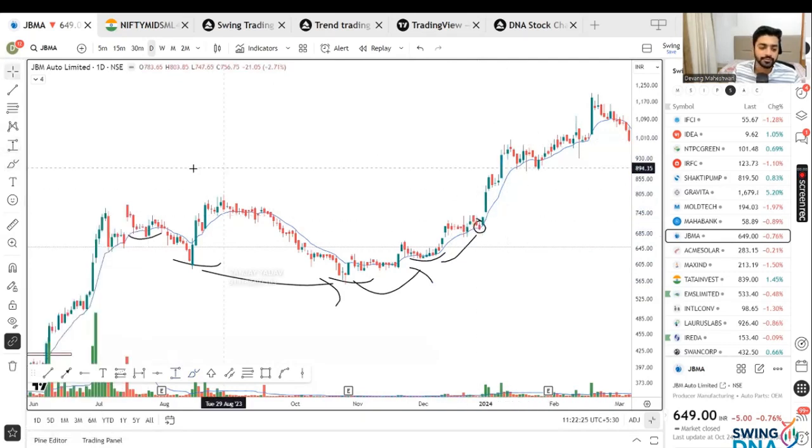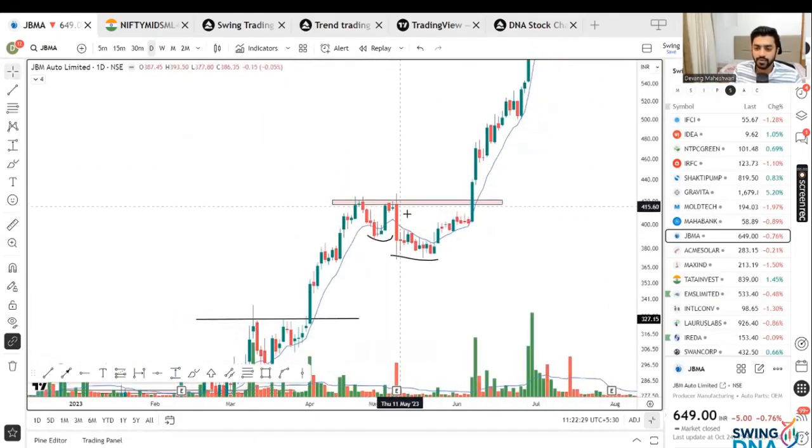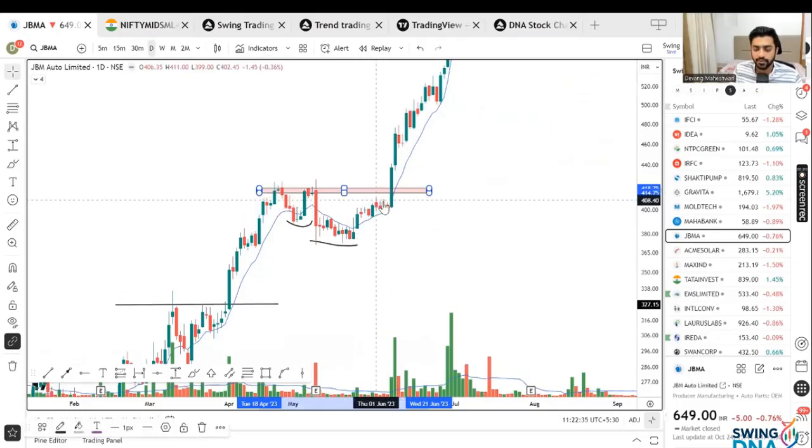Here, look at this. Now in this also, this is a lower low, but you can see that it spent some time near here. Three-four tight candles it gave. So it's a lower low here, and it spent some time on the right side before breaking out.